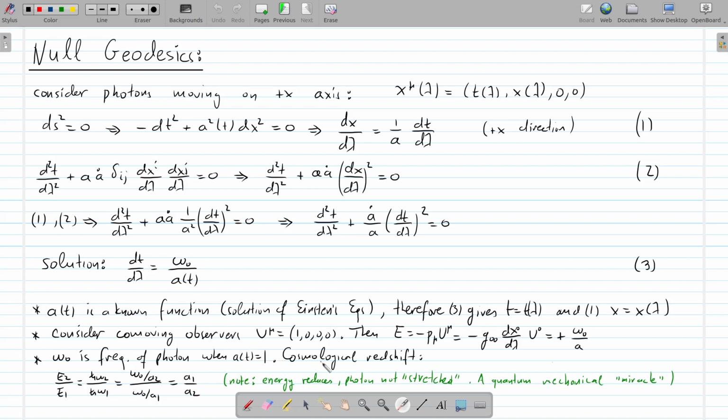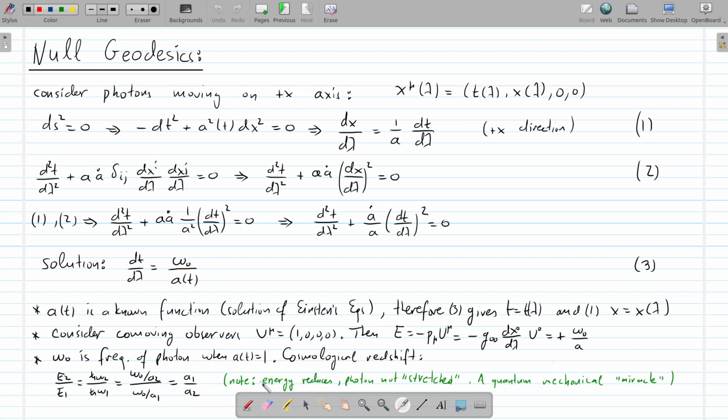So we can compute the cosmological redshift of photons along such a curve, and we see that E2 by E1, which is related to their frequencies, is just given by a1 by a2.